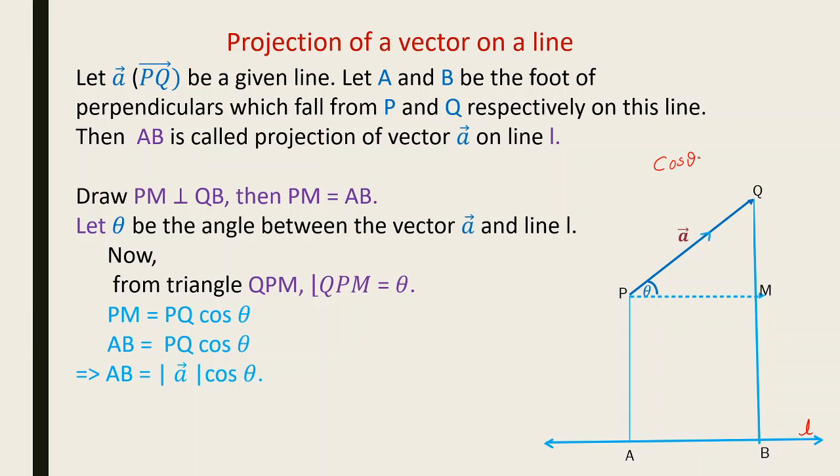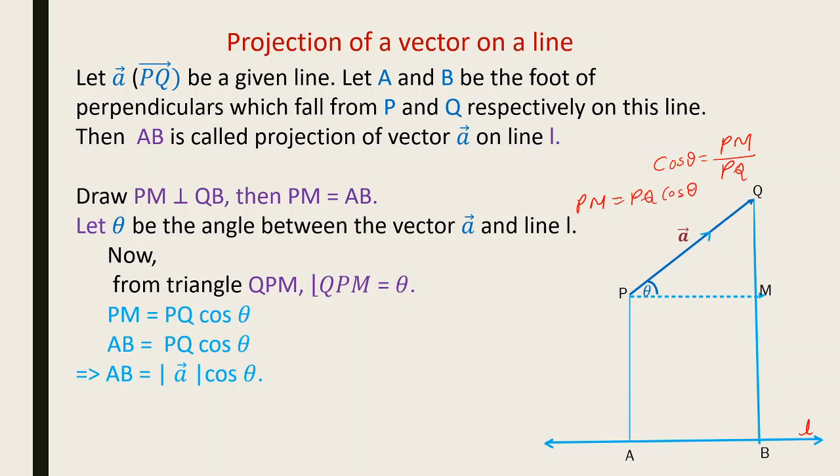Cos theta is equal to adjacent, PM, divided by hypotenuse, PQ. So PM is equal to PQ into cos theta.